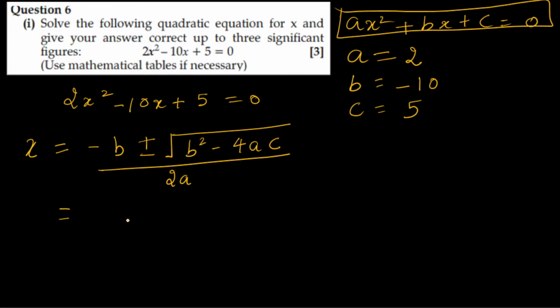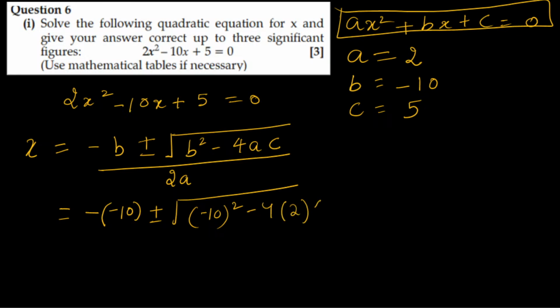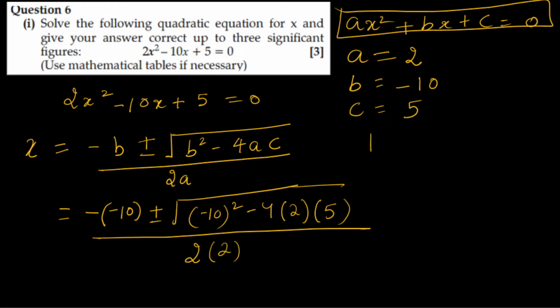B's value is minus 10, so minus b is minus of minus 10. Then minus b plus minus square root of b square, that is minus 10 the whole square, minus 4 into A, A is 2, C is 5, by 2A, so 2 into 2. I've just substituted the values.